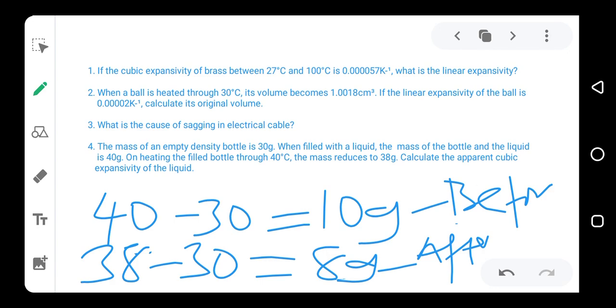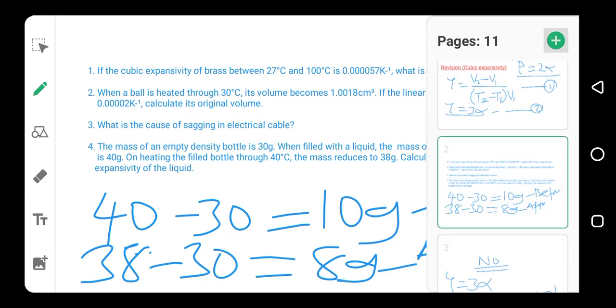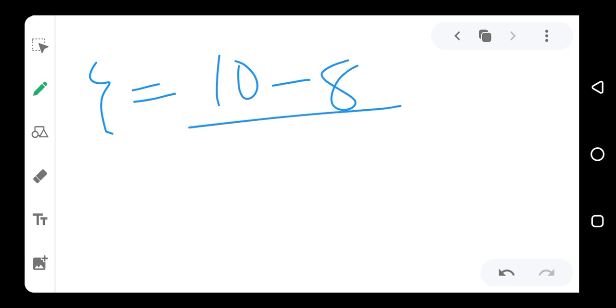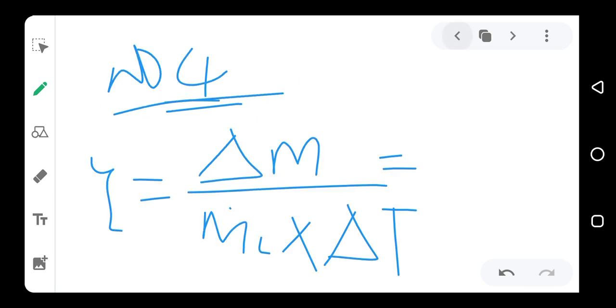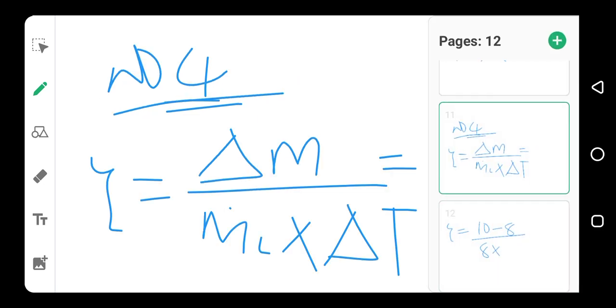So our apparent cubic expansivity is equal to 10 minus 8, the change in mass, over 8 times the temperature change.